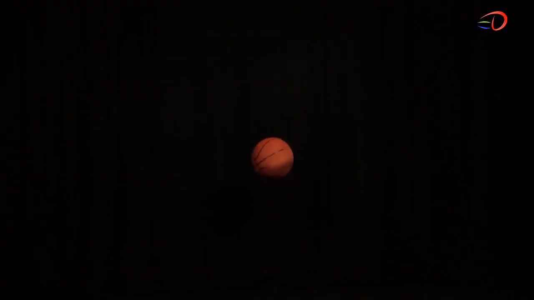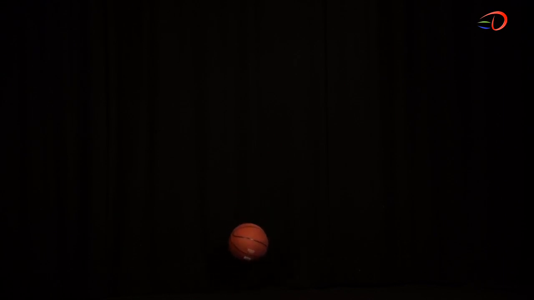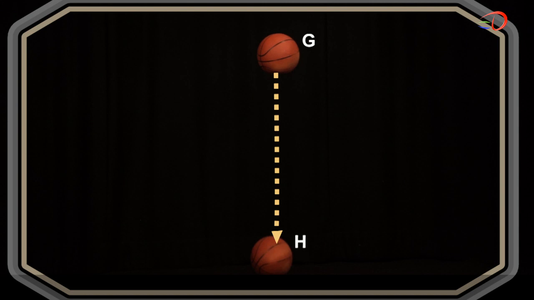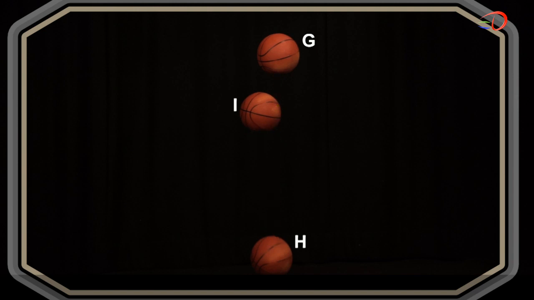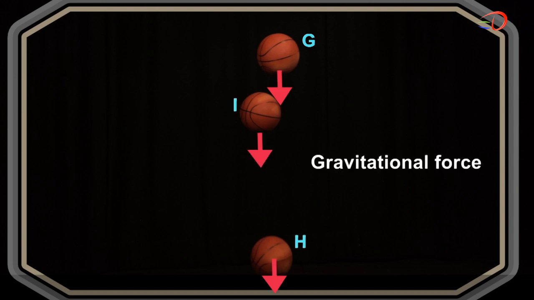It bounces to a lower height than the point from which it was released. At which point, G, H, and I is gravitational force acting on the ball? Gravitational force is acting at G, H, and I. In fact, gravitational force is acting on the ball throughout.